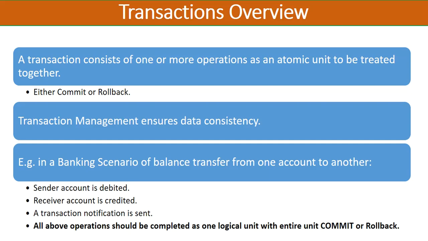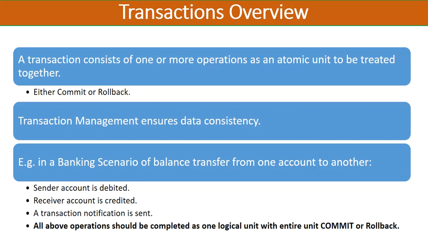Normally, whenever a transaction is made within a bank from one account to another, the sender account is debited and the receiver account is credited. Let's also consider another action: a transaction notification is sent.